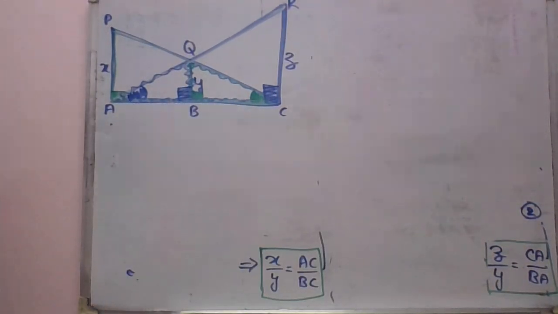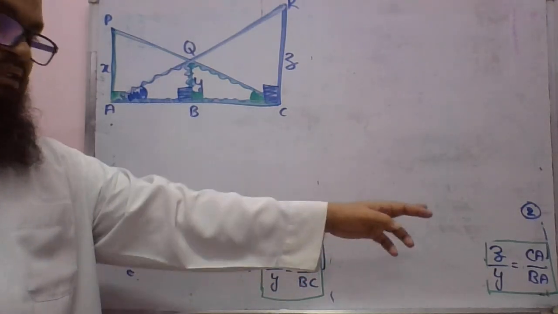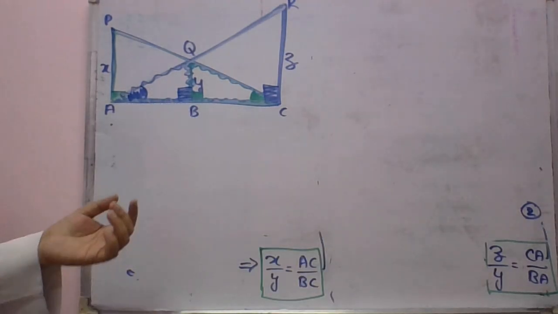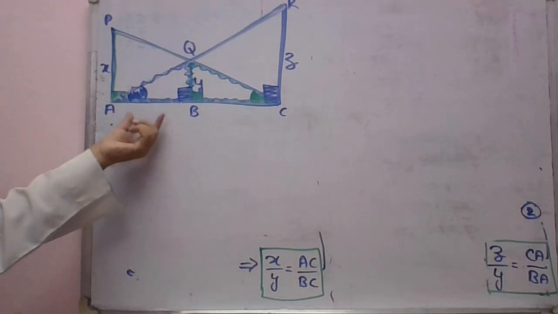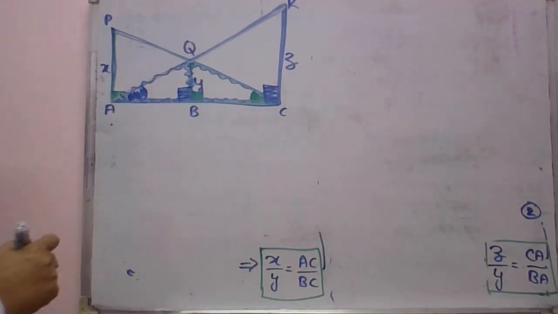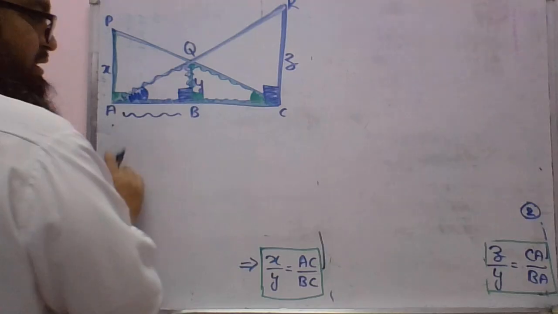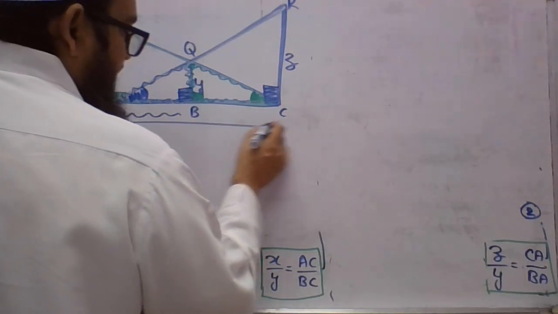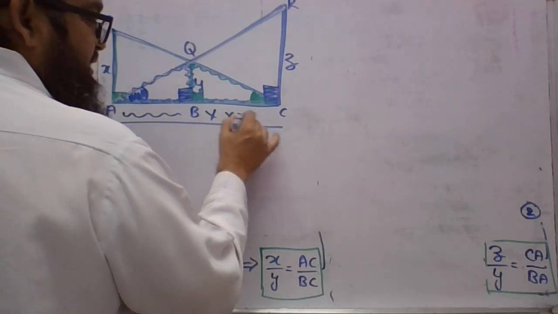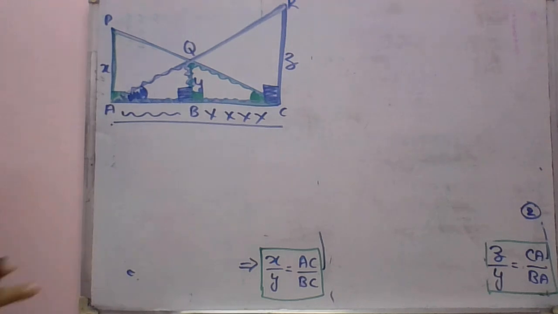Now here CA and CA are equal. But BA is nothing but CA minus BC. Is it right? Can I write it?